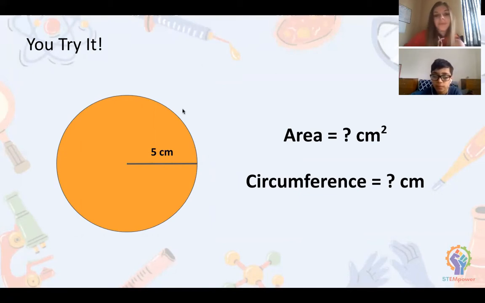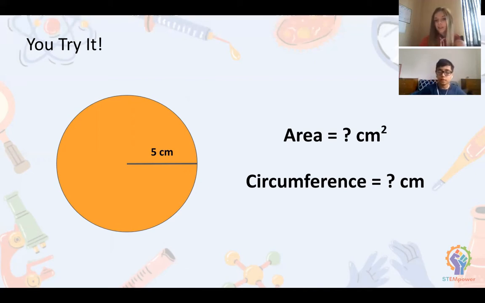Okay, so here, the area would be the radius squared times pi. So it'd be 5 times 5, which is 25. So you can just put it as 25 pi, because you don't have to multiply out the pi, because then you'll get a bunch of decimal points.